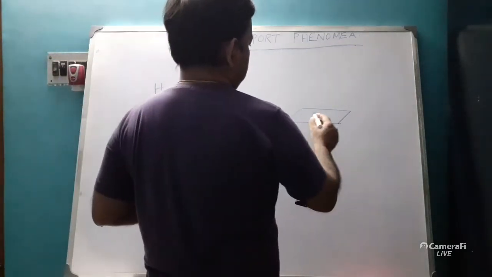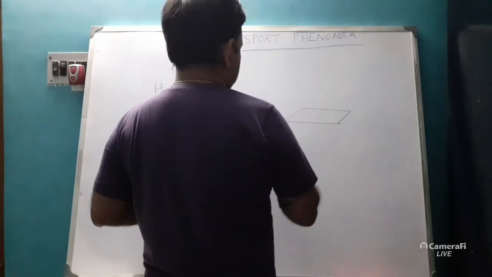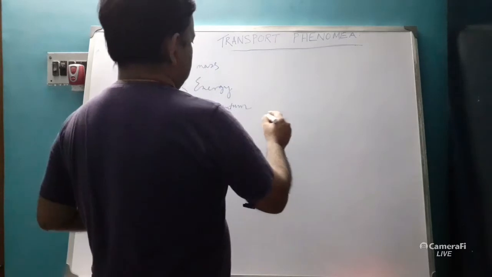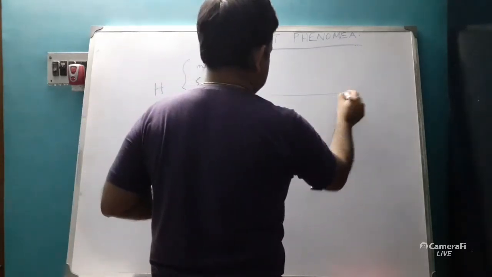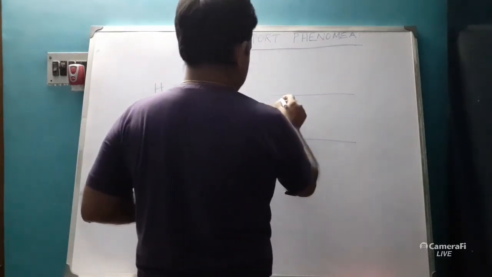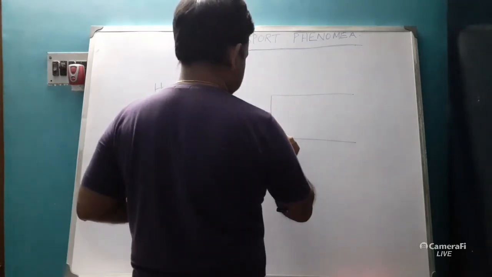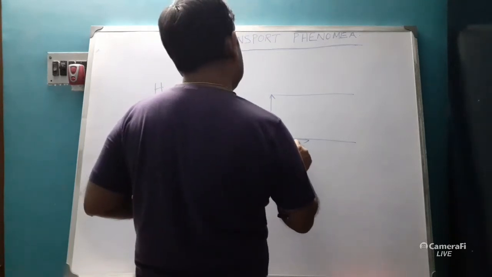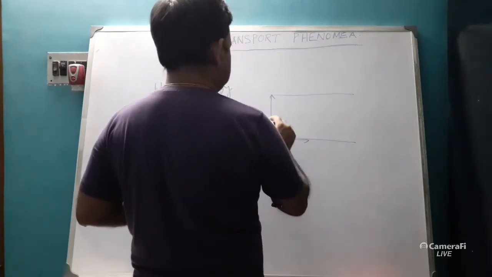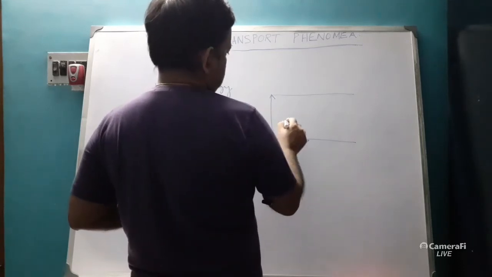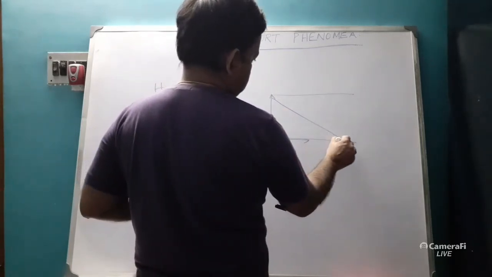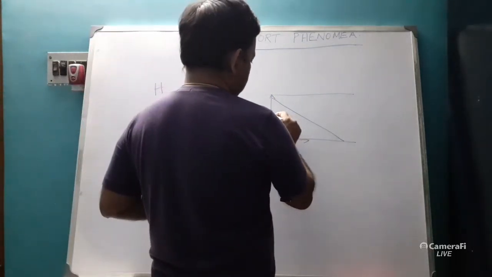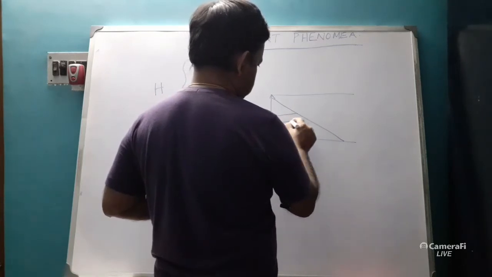So in that, you will find, first let us do this. You will find from this steady state condition, if this is considered, and if this is the velocity and this is the z-axis, and this is the flow of the water in a pipe. So effectively the mass is being transferred like this.